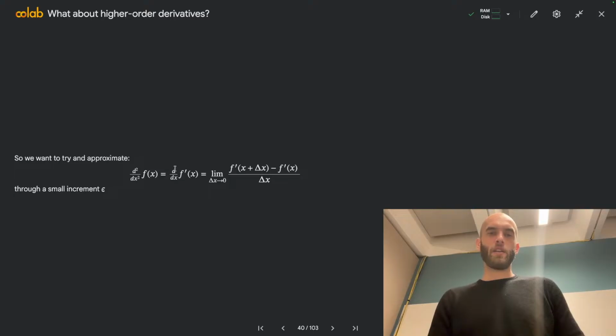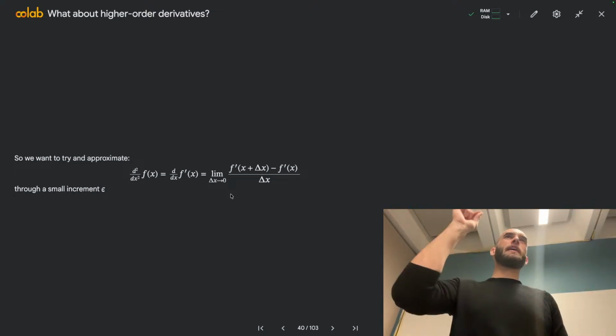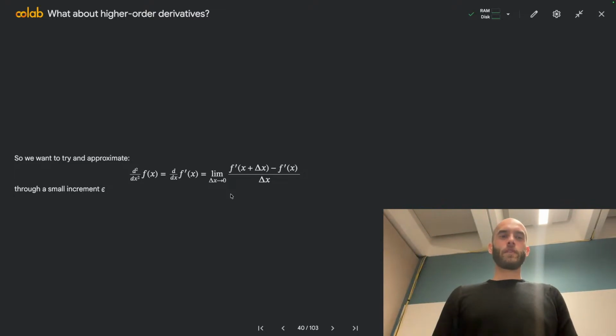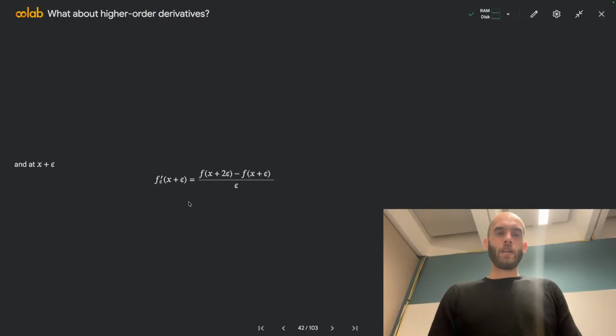So we take the derivative of f prime of x with respect to x, which is just this thing. It's the limit definition, but using f prime instead. And then all we're going to do is approximate this with some epsilon, which looks like this.